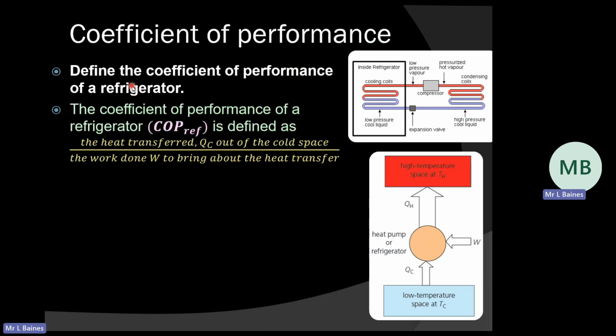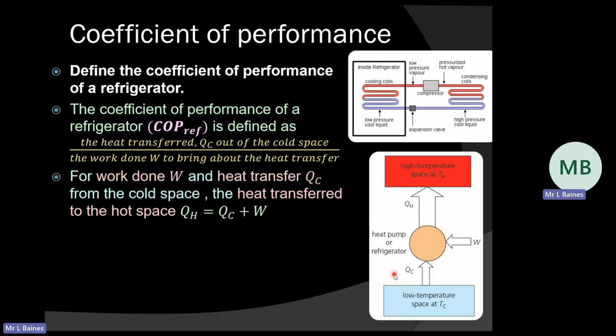Now, if I look at the coefficient of performance for a refrigerator, instead of writing coefficient of performance every time, we're going to write COP. That's much easier. So my COP is equal to the heat transferred out of the cold space, because that's what I want to do. I'm trying to get heat energy out of my cold space, divided by the work done. All right, and again, we're back to our idea of these heat engines.